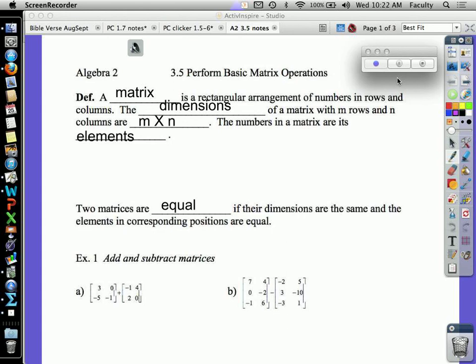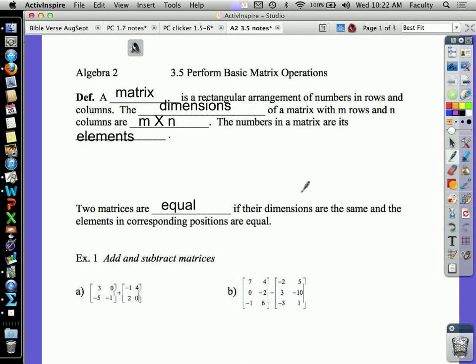3.5, please. A matrix is a rectangular arrangement of numbers in rows and columns.